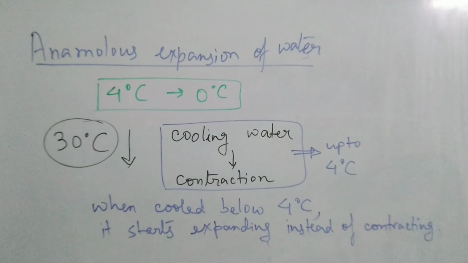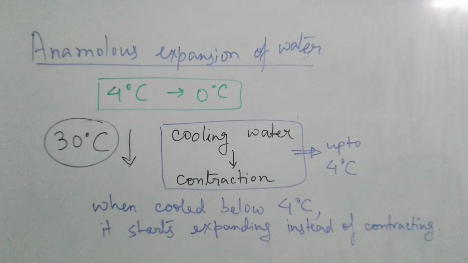Now, as this phenomenon is weird, unnatural, different, this kind of expansion of water in the range of temperature from 4 degrees centigrade to 0 degrees centigrade is called the anomalous expansion of water.